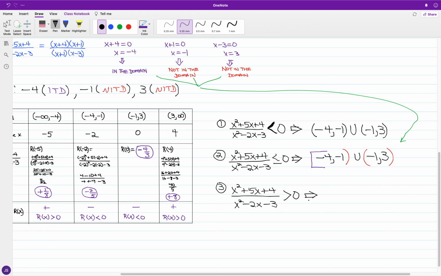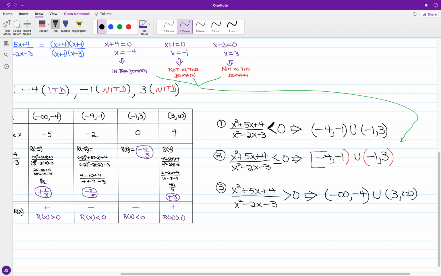Okay, so looking at where we have R of x to be greater than 0, no equal sign, so we're going to have just the use of parentheses. So we have those values of x less than -4 at the front, and then at the end we have the other piece, which would be those values of x which would be greater than 3.